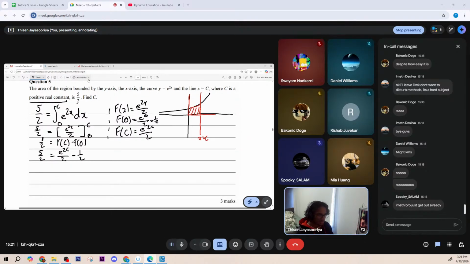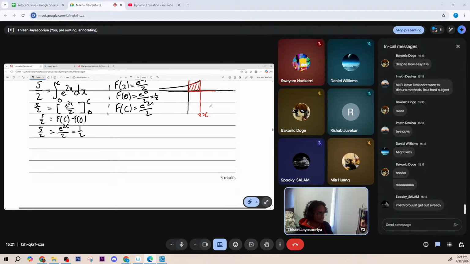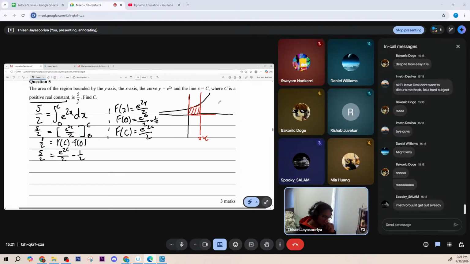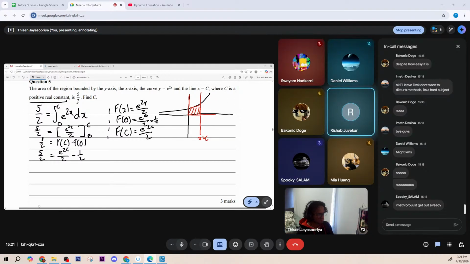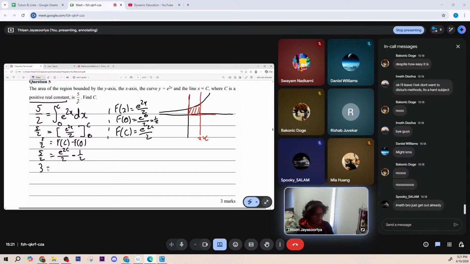How can we solve this one, Rishav? Wait, can you say that again? How can we solve this one? Like for x or for c. Obviously, plus the 1/2 to the other side. So we get here 3 equals e to the 2c over 2. Then times the 2.